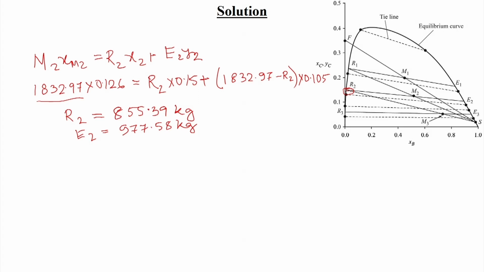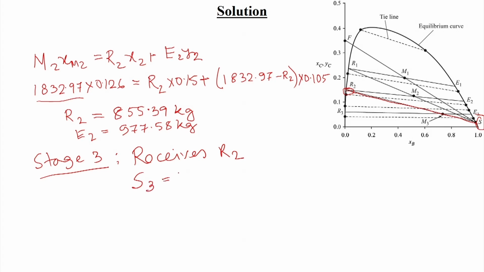So, for stage 3 we will be joining this S and R2. Stage 3 receives R2, that is 855.39 kg, and S3, which is given in the problem, equal to 2625 kg.